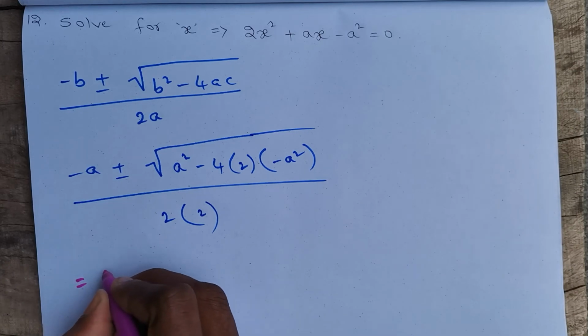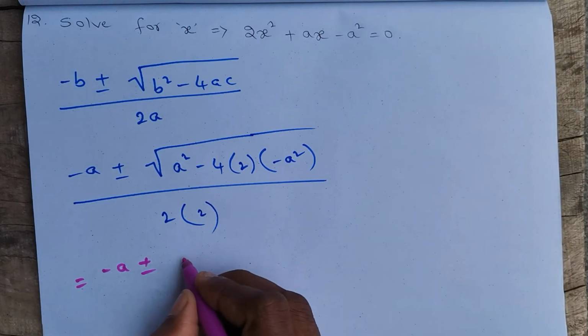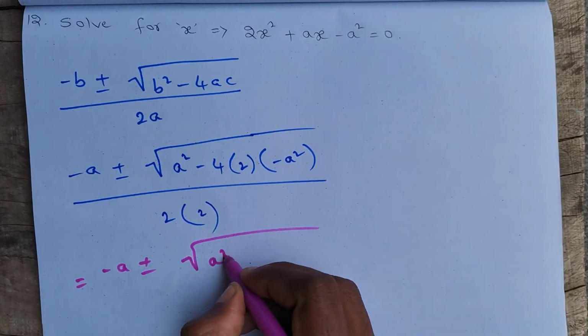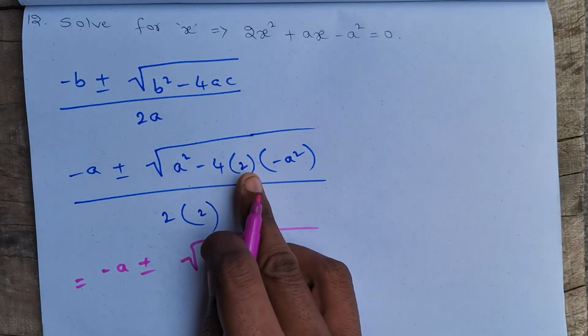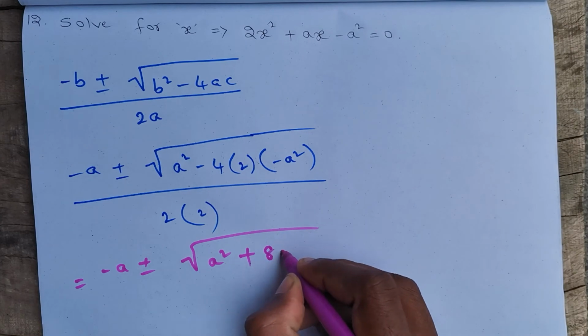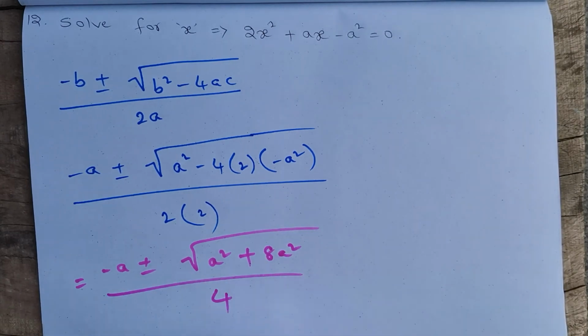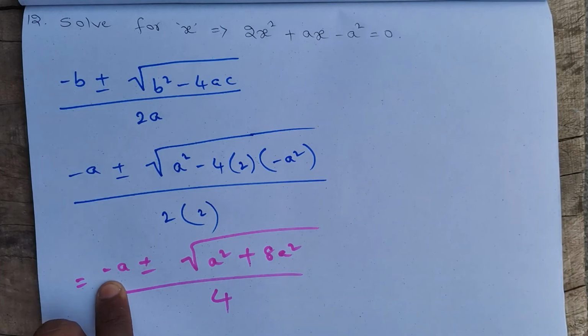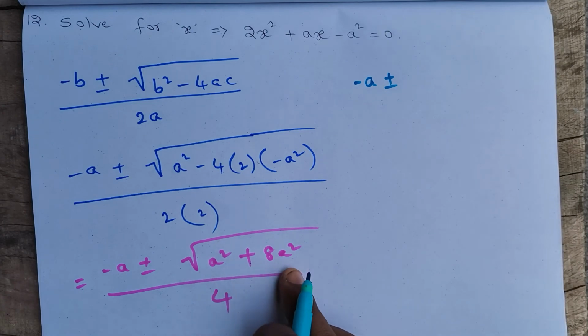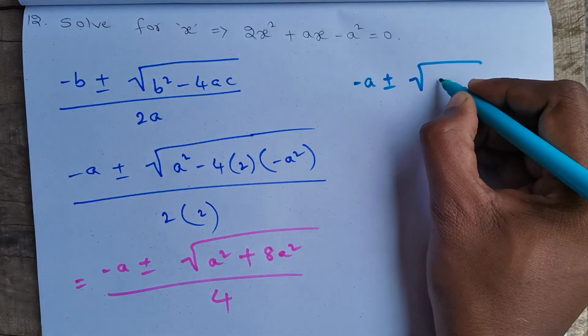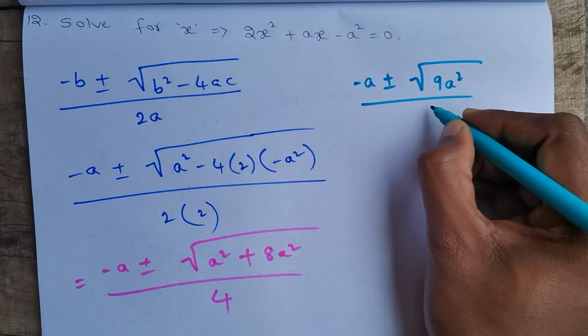Which equals minus a plus or minus under root a square. Here minus into minus is plus, 4 2s are 8, 8 into a square, 8a square, whole divided by 2 2s are 4. Next, minus a plus or minus under root a square plus 8a square, under root 9a square, whole divided by 4.